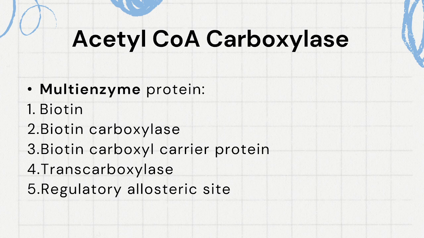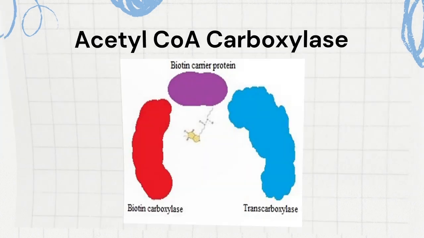Acetyl-CoA carboxylase, this multi-enzyme protein, contains two catalytic activities, biotin carboxylase and a transcarboxylase, in addition to biotin. And as you know, biotin is a coenzyme for carboxylases. It also includes a biotin carboxyl carrier protein and a regulatory allosteric site.